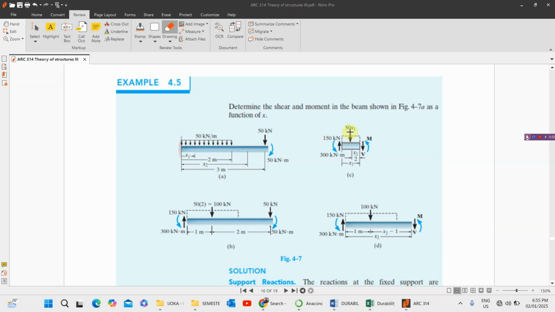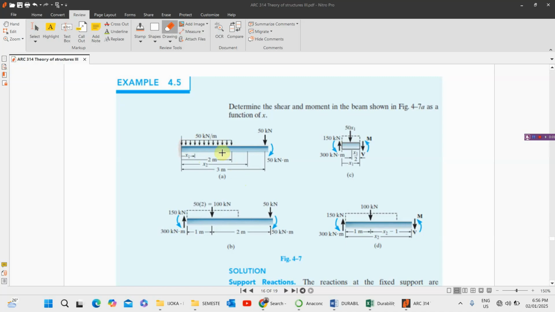If we make a cut at x1, we consider our UDL, and convert this UDL to a point load: this force times the distance, but the distance is x1 that we're considering because we are making the cut here. So 50 times x1, that's the point load acting here first, 50x1.